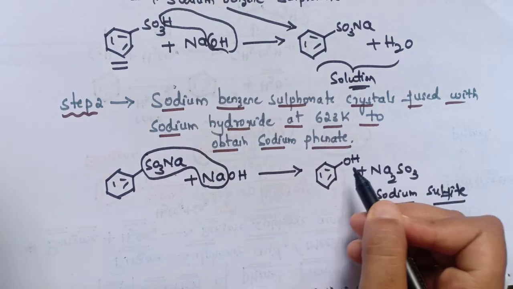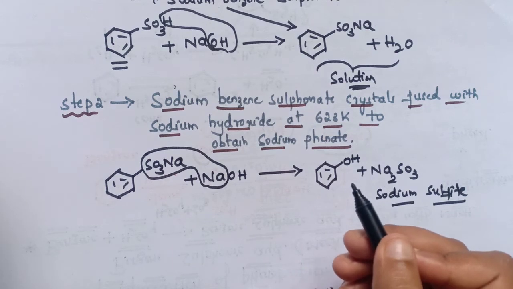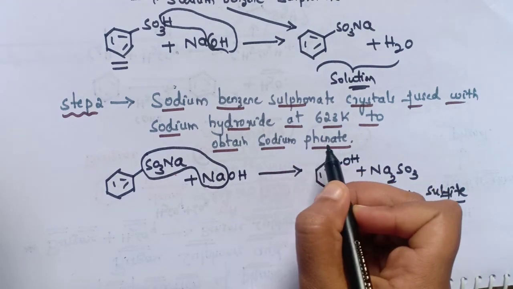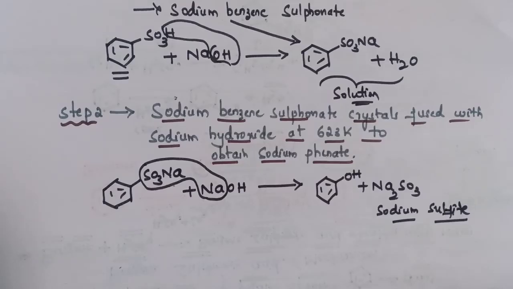Then again this phenol is treated with sodium hydroxide once again to obtain sodium phenate. You can call this step an intermediate step. If an intermediate reaction is formed in any mechanism, then the product which is formed will be highly stable. So to make the phenol very stable, this intermediate reaction is formed.